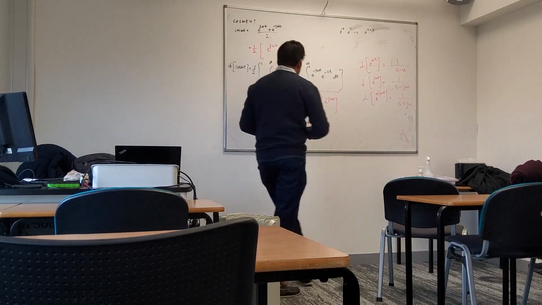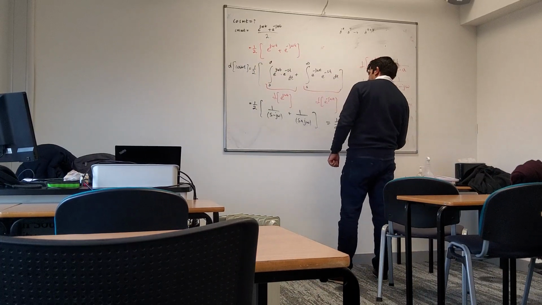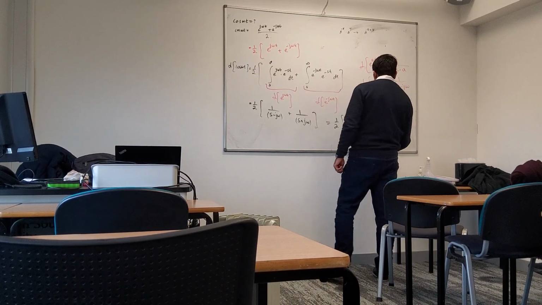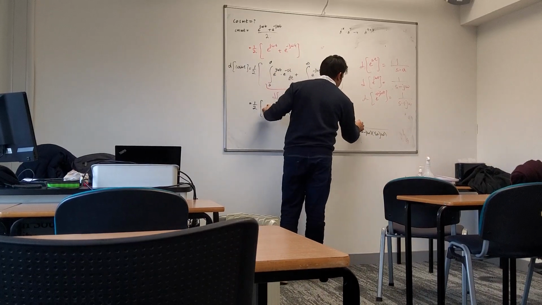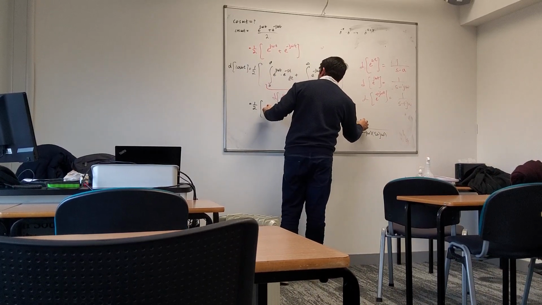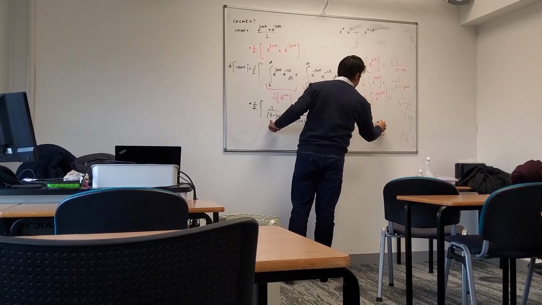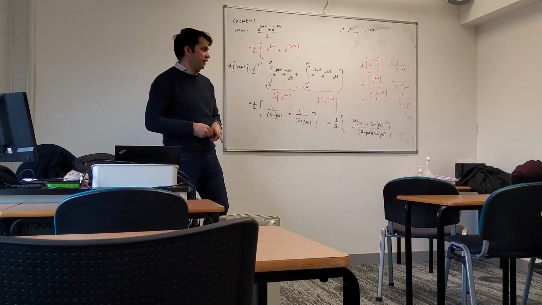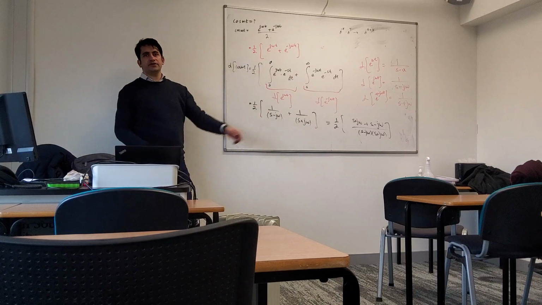We can further solve it by taking the LCM: here it would be s plus j omega, and on this side it would be s minus j omega. Any confusion with this? No, that's fine.